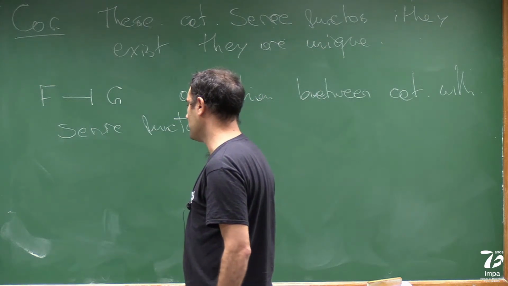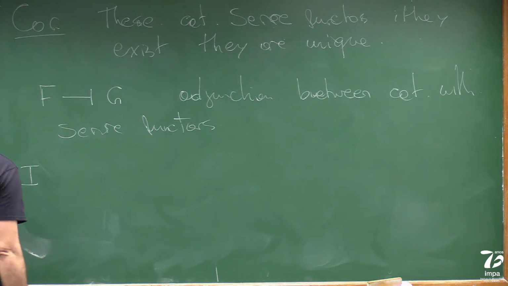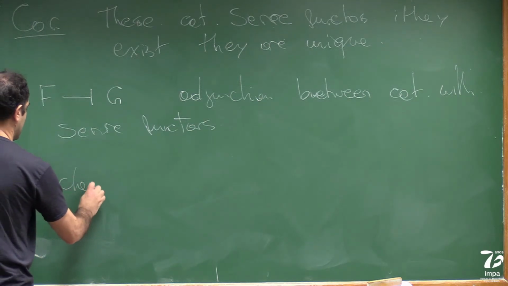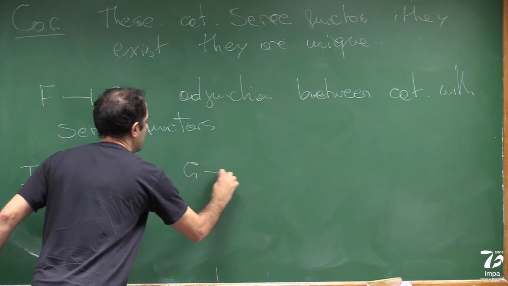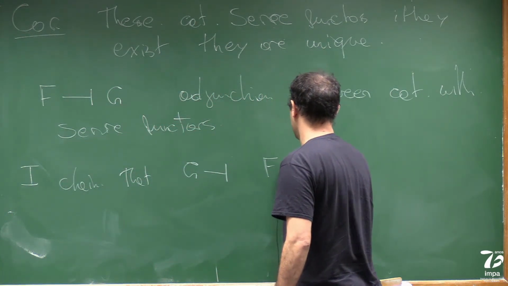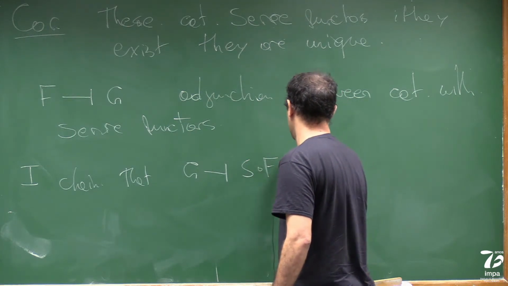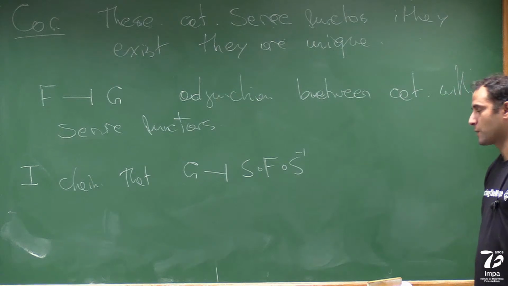Okay, so I claim, and again I might do this wrong, that G is left adjoint to F. And now let's fix the corresponding Serre functors on each one.